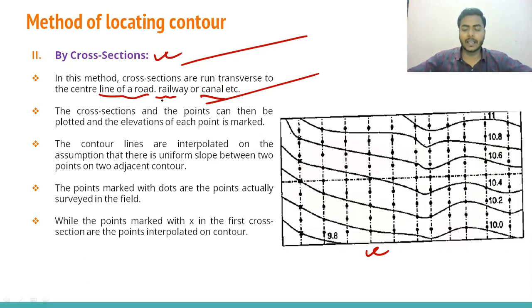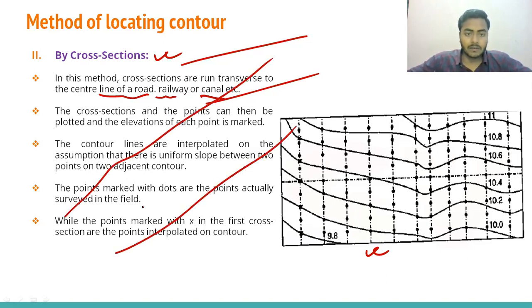When you see a common width running for a long run, like railway, road, canal, in that case we can go for the cross section method. By cross section we can use the method of locating contours.